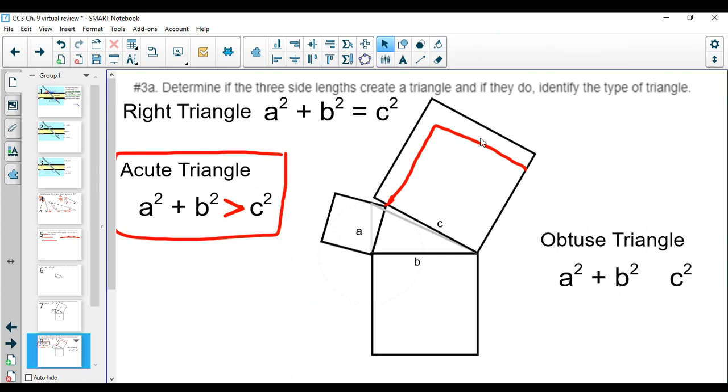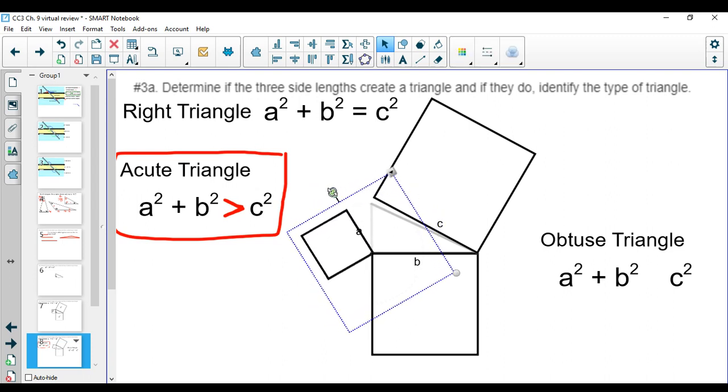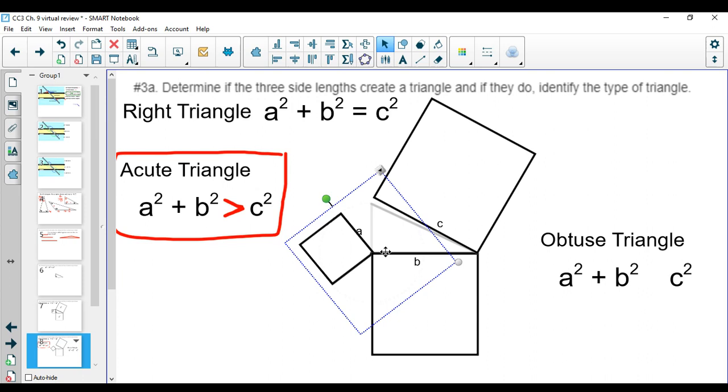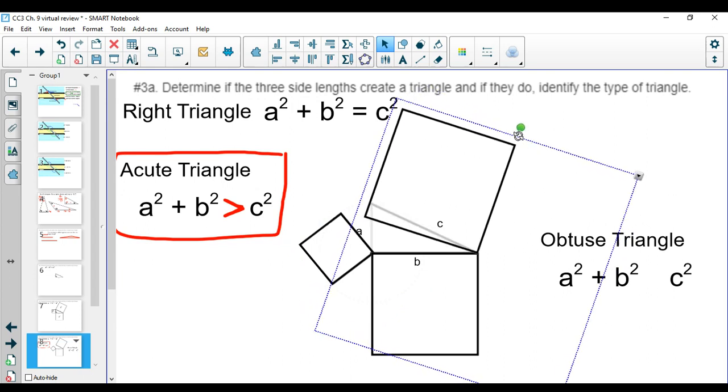We can do the same thing with what happens if we rotate it and make our right angle larger. Now we have an obtuse angle right here. If I try to rotate this to connect out here to make my hypotenuse, which is no longer a hypotenuse because it's not a right triangle, this square needs to become larger.